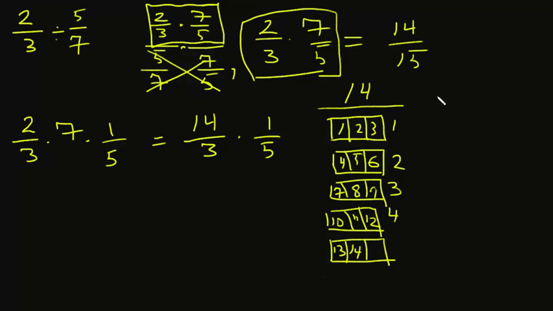And if we did that as a long division problem, if we said 3 into 14, we'd say, all right, 3 goes into 14. Well, 3 times 4 is 12. 14 minus 12 will give us a 2. 3 doesn't go into 2, so it's 4 and 2/3. And we see 1, 2, 3, 4, and 2/3.